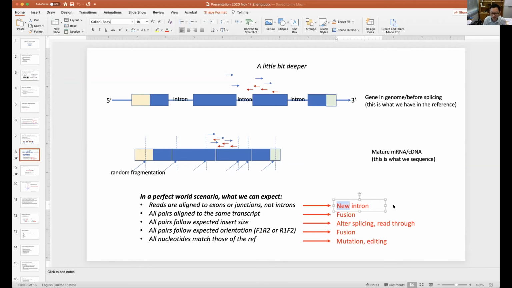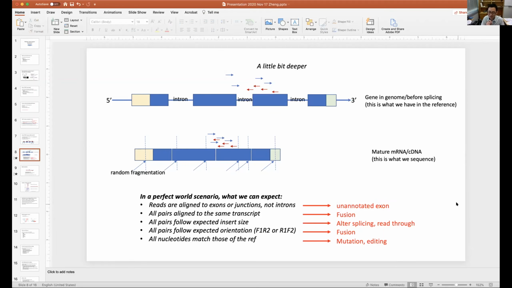But in RNAseq, it's pretty common that you see the reads aligned to introns, and part of the reason is that the alignment can have some noise, and the aligner sometimes assigns these reads to intronic regions. It's also possible that you have an unannotated exon, and this exon is transcribed, and then the RNA sequencing captures those exons.